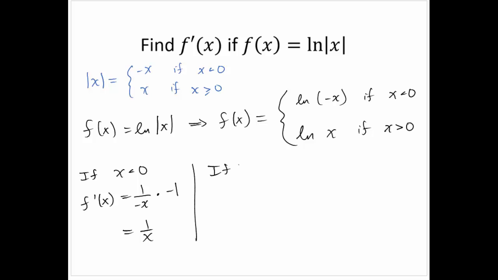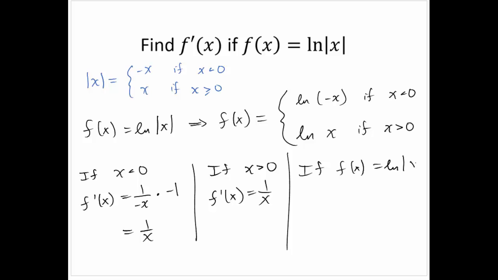If x is greater than 0, then f prime of x is still 1 over x, because that's just the simple derivative of the natural log function that we've already discussed. So it turns out that if f of x is the natural log of the absolute value of x, then f prime of x is still 1 over x.